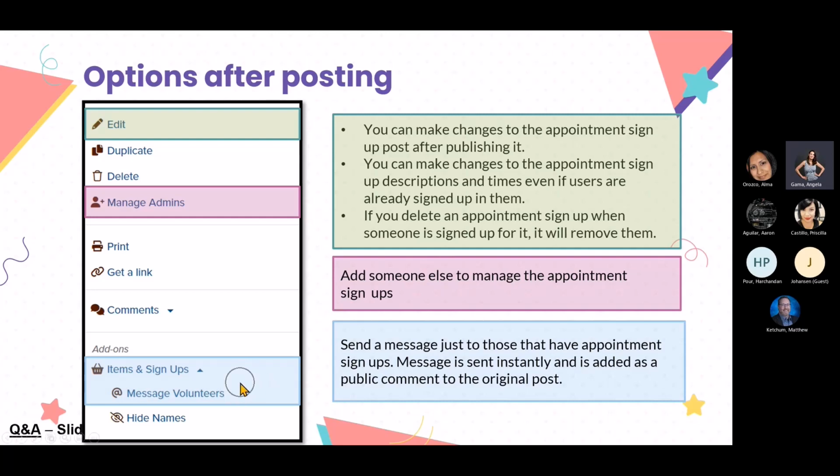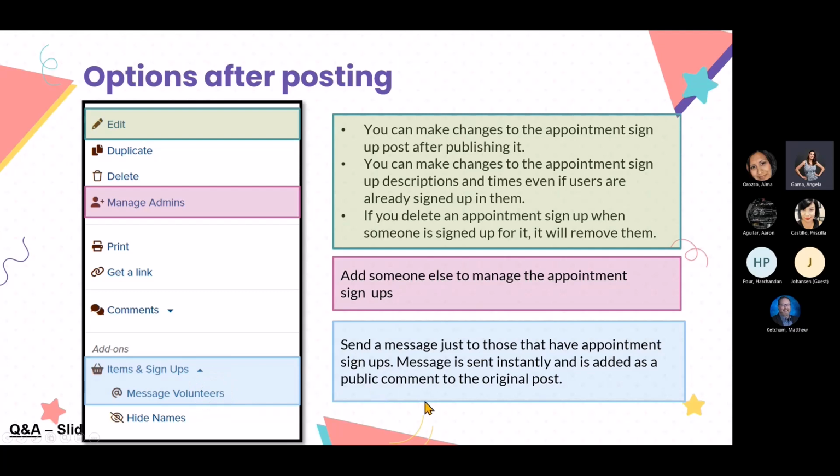And then down below here, we see a cool option to message only those that signed up for your parent-teacher conferences or any event that you're requesting signups for. So it looks as if you're messaging volunteers. So the option here is not super clear or applicable in a way for appointment signups for parent-teacher conferences, but this is the equivalent of sending a message for those parents that signed up, okay?